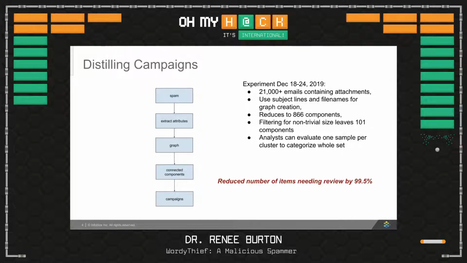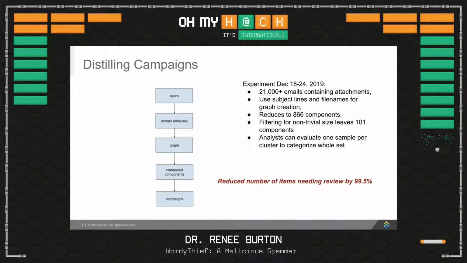We create the graph of all of that. And then we look at the connected components, that is the things that are ultimately connected together by some set of edges. This reduces our data to 866 components.